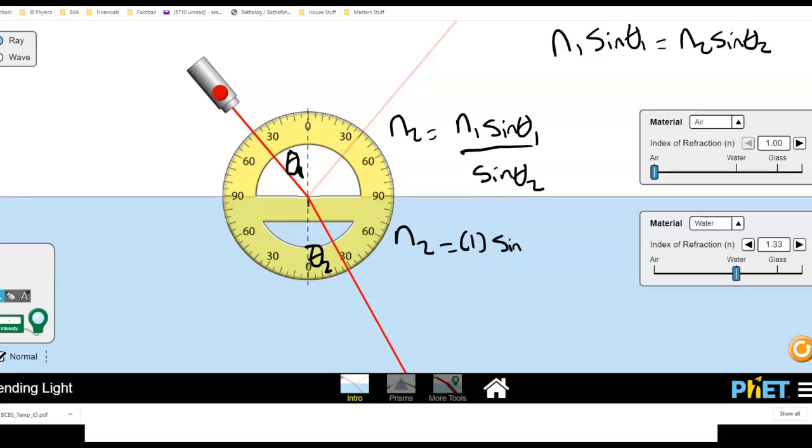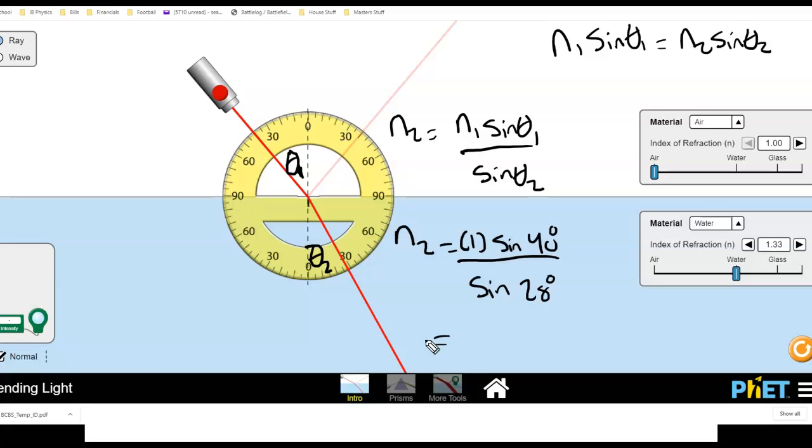That angle looks to be about 40 degrees. So sine 40 degrees divided by sine of theta 2, the angle of refraction, which looks to be, it's kind of hard to read, maybe 28 degrees.